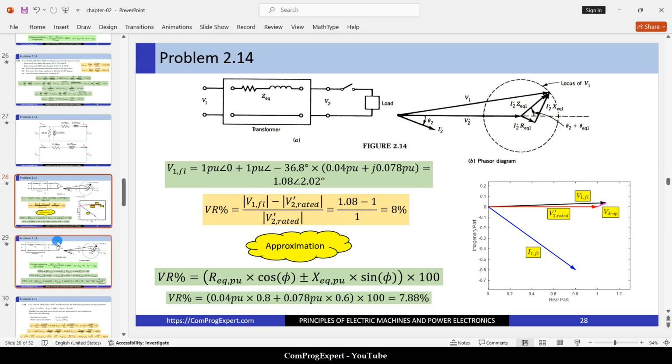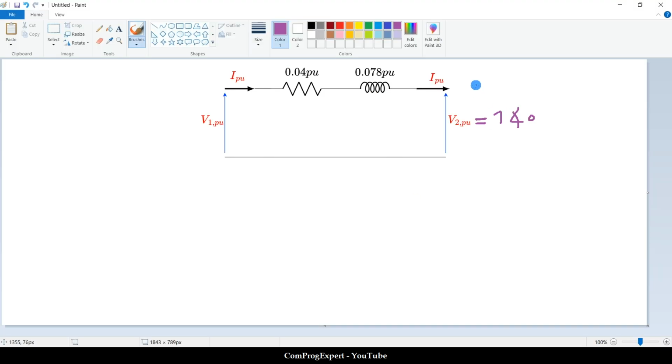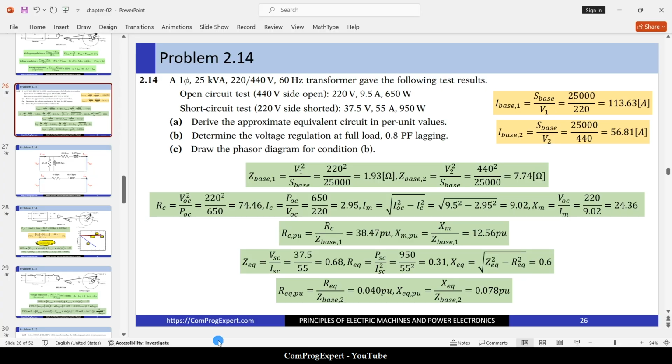The current here, full load. We need to consider the rated current. This is the power factor. So this is 1 per unit. What is the angle? The power factor is 0.8, yes, lagging.